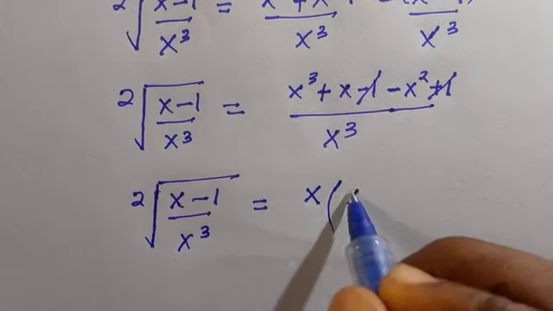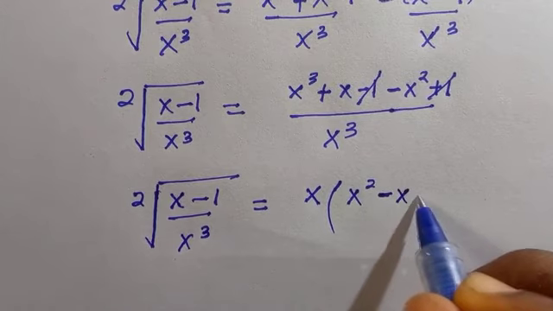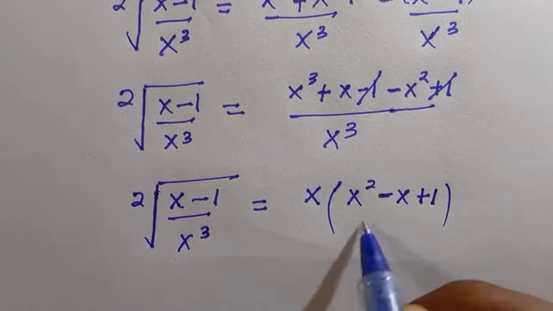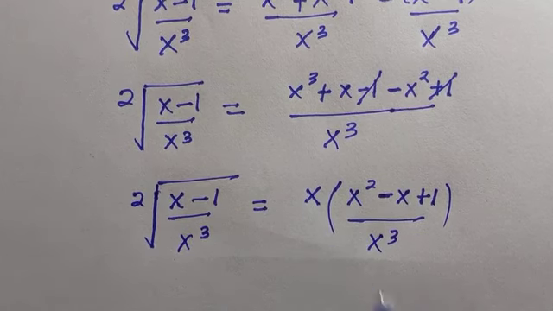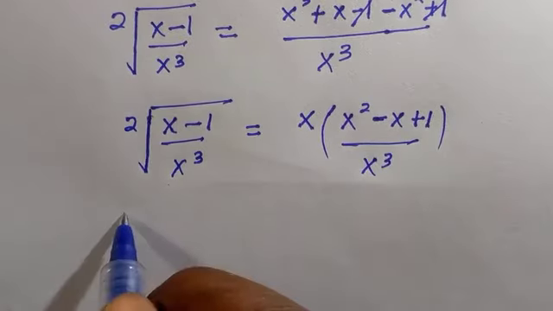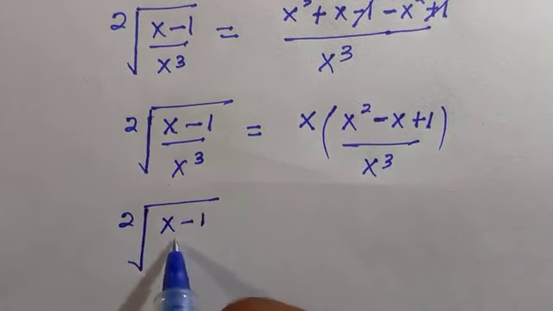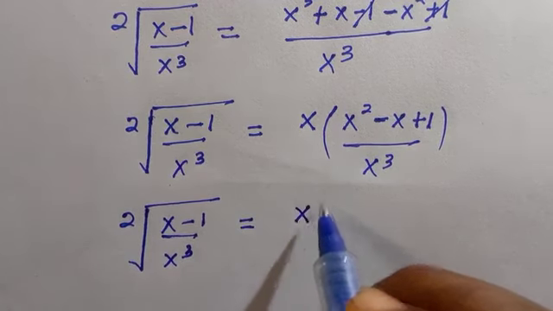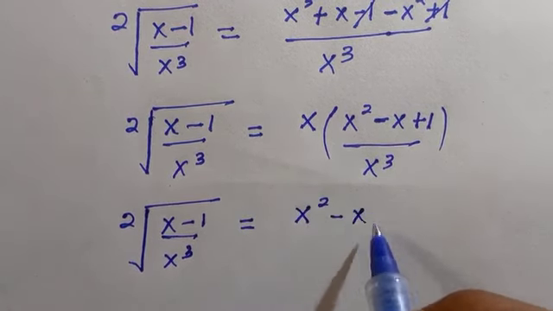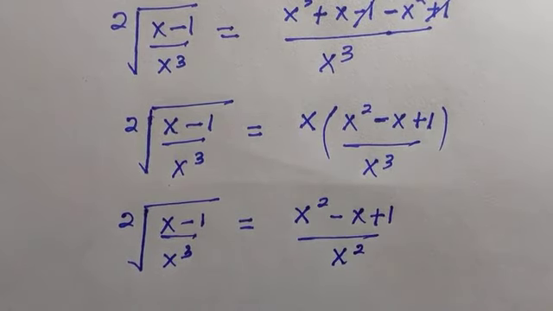We can factorize out x, and this reduces to x raised to power 2 minus x plus 1, and we divide everything by x raised to power of 3. So x can cancel x here, and it reduces to x squared at the denominator. So here is 2 root x minus 1 divided by x raised to power 3 equals, we have x squared minus x plus 1 divided by x raised to power of 2.